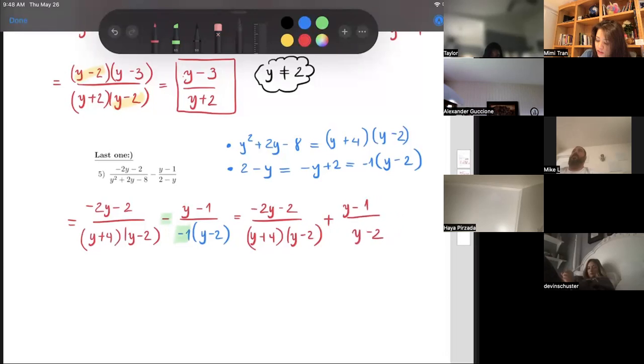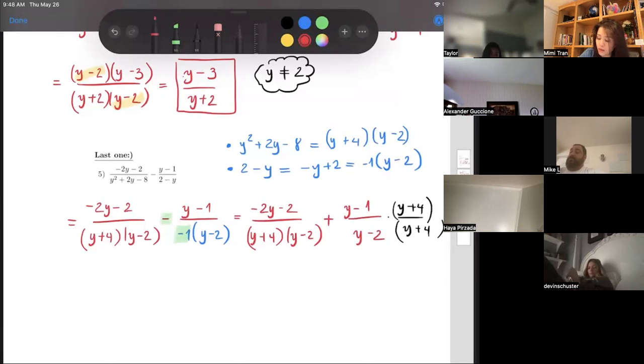Someone tell me what the LCD is here. Would it be y minus 2? One more, Kobe, one more. Oh, and y plus 4. Yeah. So the first one has everything, right? So we leave it alone. The second one is missing y plus 4. So what we're going to do is multiply by y plus 4 over y plus 4.